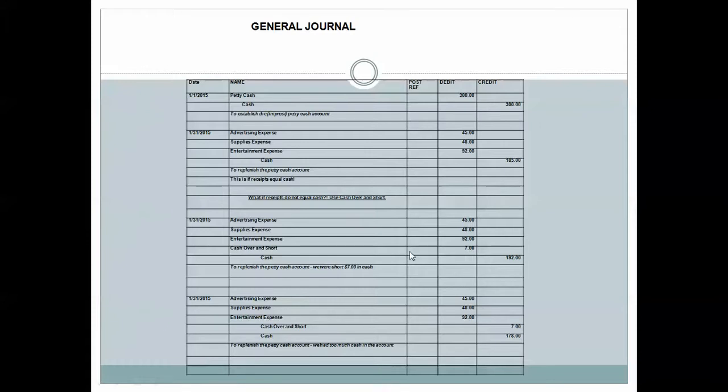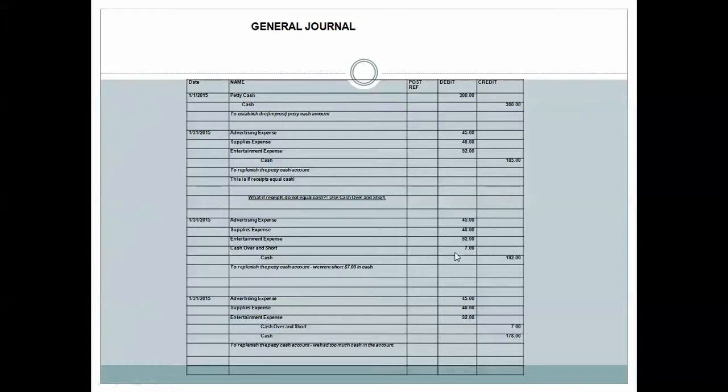So we're going to have to debit an account to make up the difference, and we use an account called cash over and short. Cash over and short will be a miscellaneous expense, or a miscellaneous revenue if we have an overage of cash, and we can use it as a place to keep track of any cash over and short.